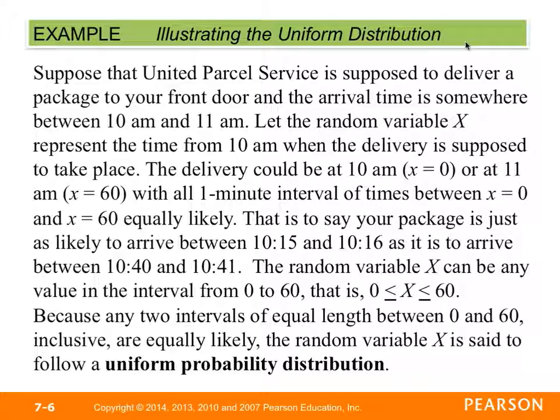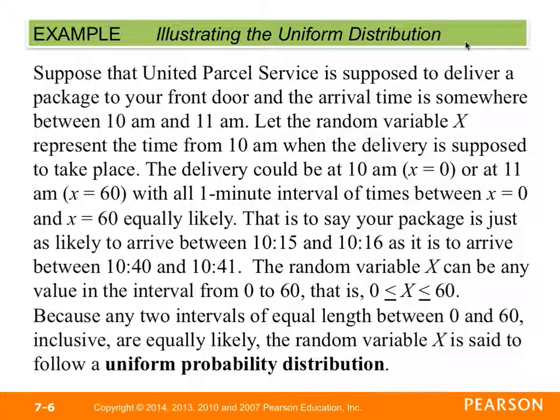And we're going to assume that any time in that period from 10 to 11 is going to be equally likely. So that is to say that your package is just as likely to arrive between 10:15 and 10:16 as, say, 10:40 and 10:41, okay? So there isn't a particular time when we're expecting it more than any other time.